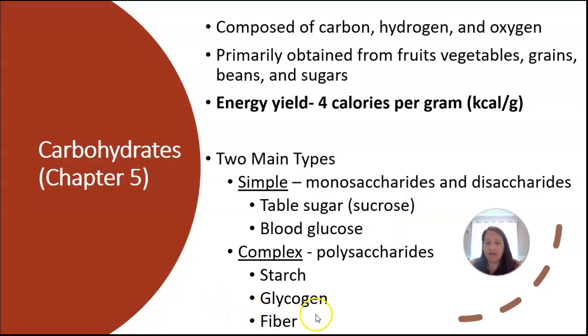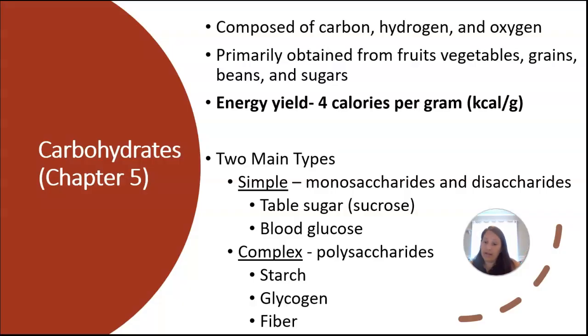Glycogen, the second one down here, we're going to talk about this semester for sure. So glycogen is the way that animals, including humans, store excess carbohydrates. And glycogen gets stored in both our liver and our muscle cells.